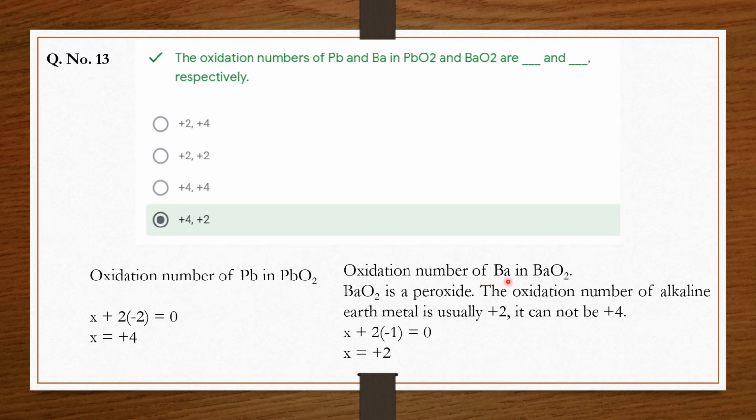But in the case of barium oxide, we need to think, because barium is an alkaline earth metal, and its stable oxidation number is only +2, it can never be +4. So barium oxide is a peroxide, and the oxidation number of oxygen in a peroxide is -1. If you do this calculation, it is only +2. So the correct answer is +4 and +2.